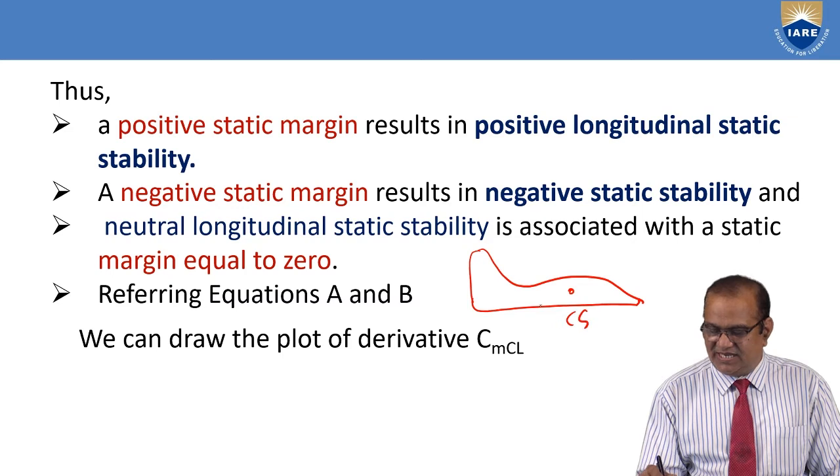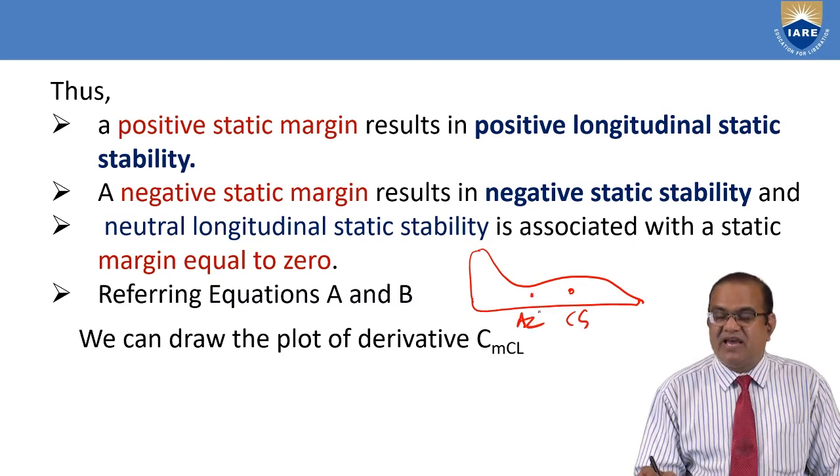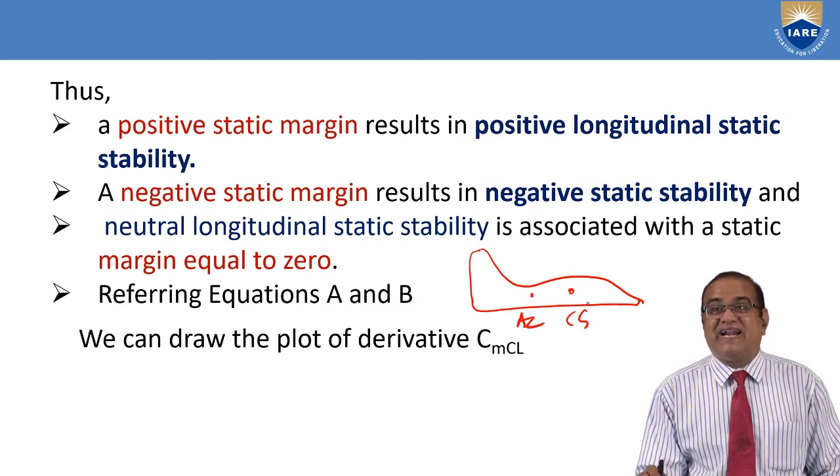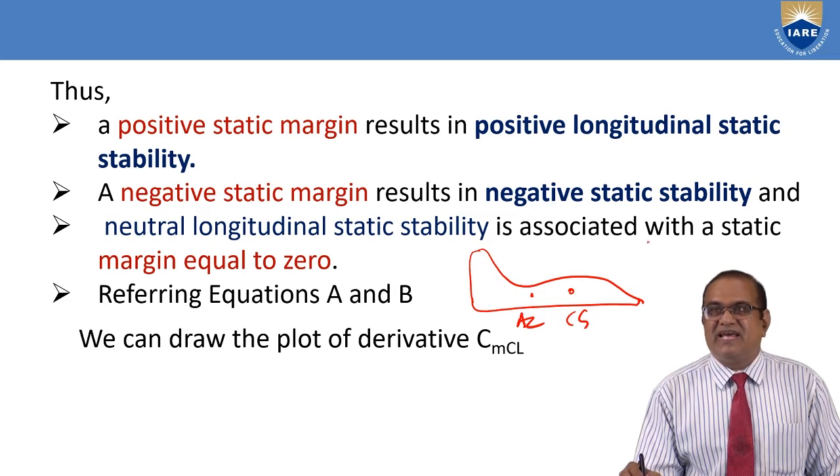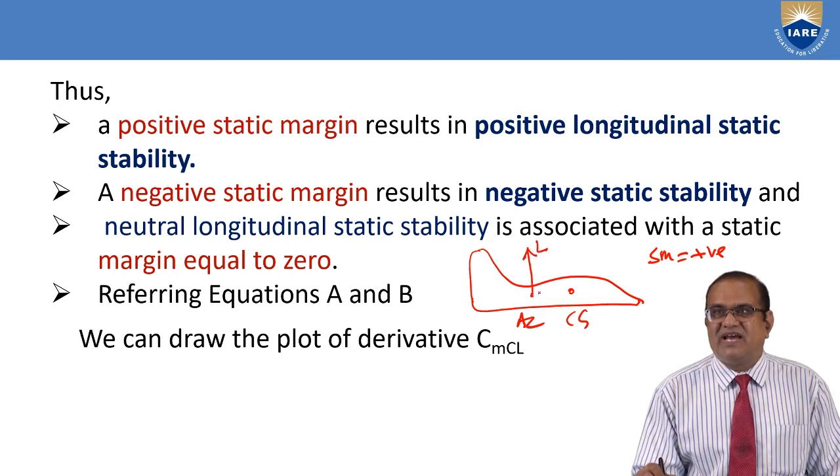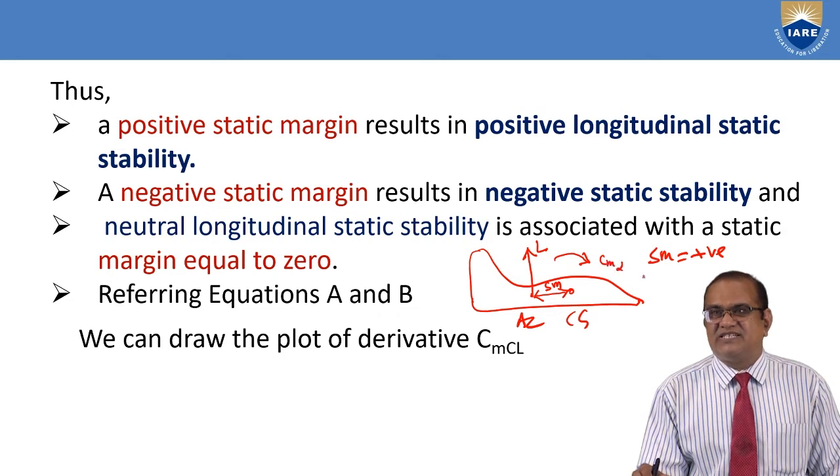This is the CG and this is the AC, and if the CG is ahead of the AC, then SM is positive. Here the lift will be like this, and this is called the SM. So lift into SM will give Cm alpha, and this is nose down.